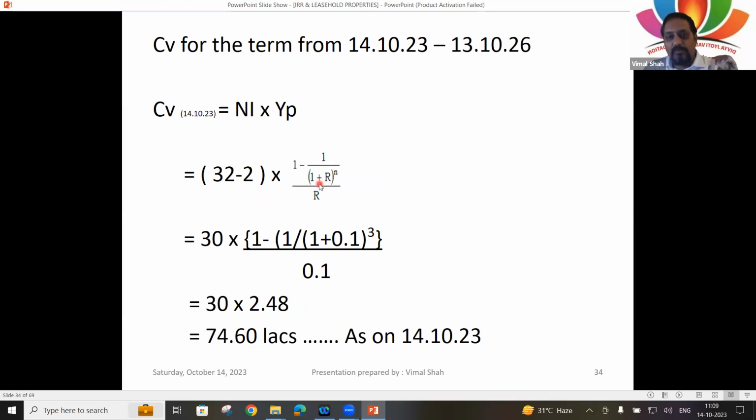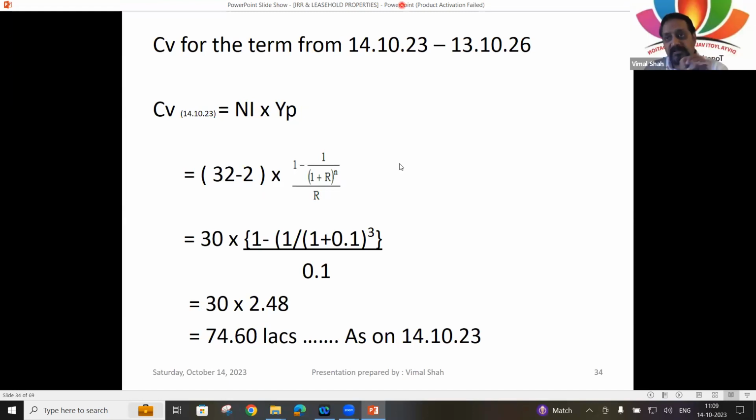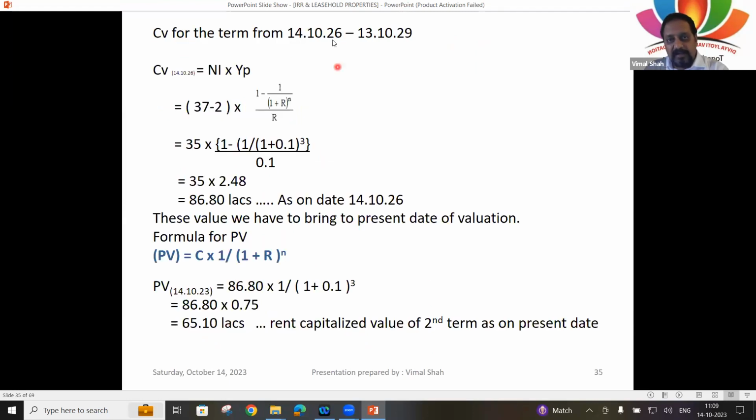So it is NI into YP. So you are getting this CV value of 74.60 lakh for this first rental term as on today. Then for the second rental term, it starts from 14/10/26 to 13/10/29. So CV value we will get it on which date? The start date of rental period, 14/10/26.